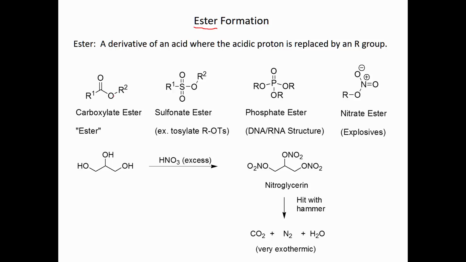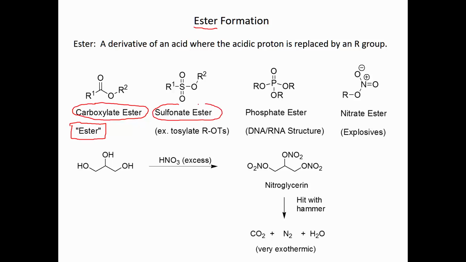Okay, so when we have the acidic proton of an acid replaced with an R group, we generate something technically called a carboxylate ester, but this is the most common type, and when we say just ester by itself without saying anything else to describe the ester, that's what it means. If you take a sulfonic acid and replace the acidic proton with an R group, you get a sulfonate ester.